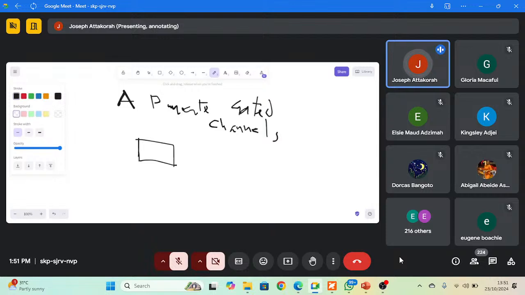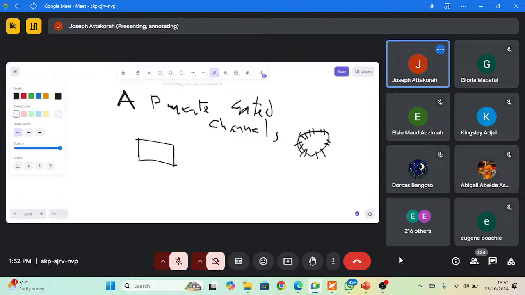So this is the heart. We have these gated channels that connect the outside to the inside. Very important. These are the gated channels found within the myocardium.